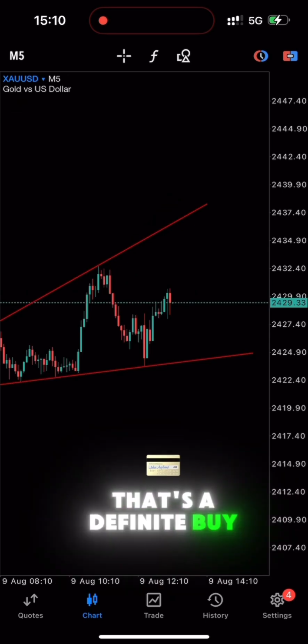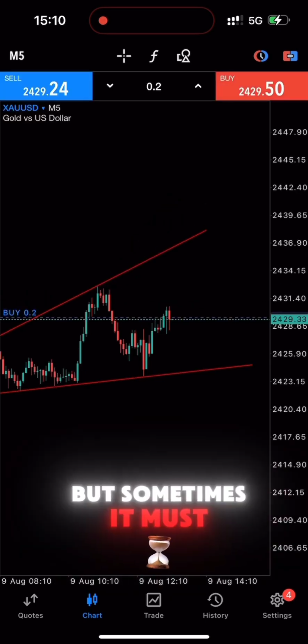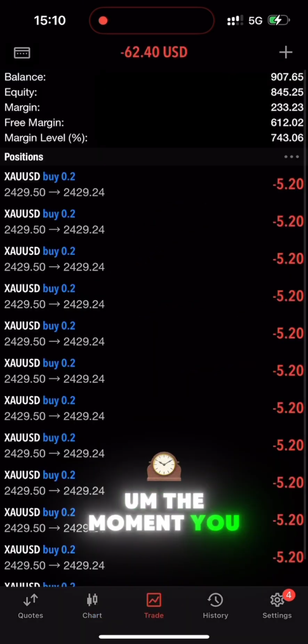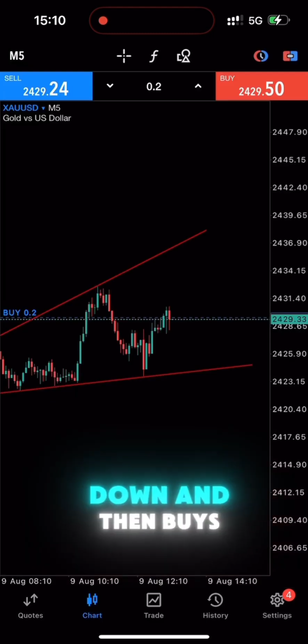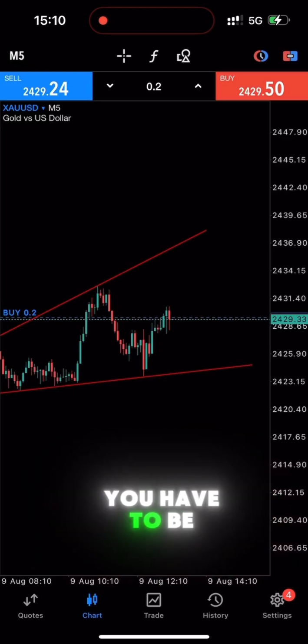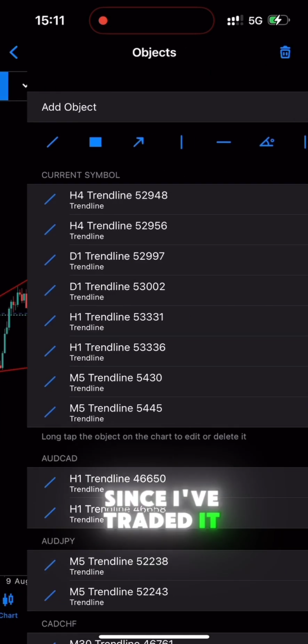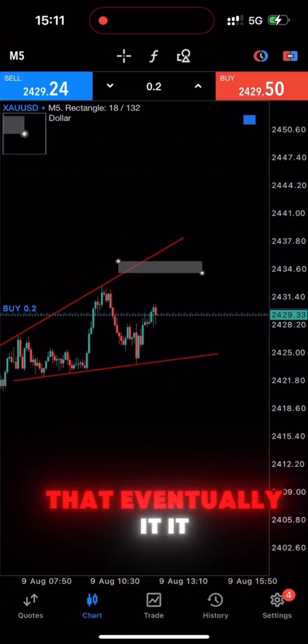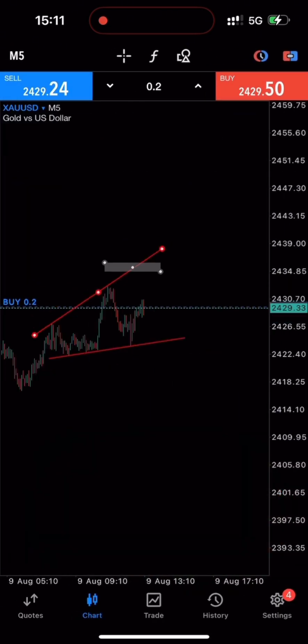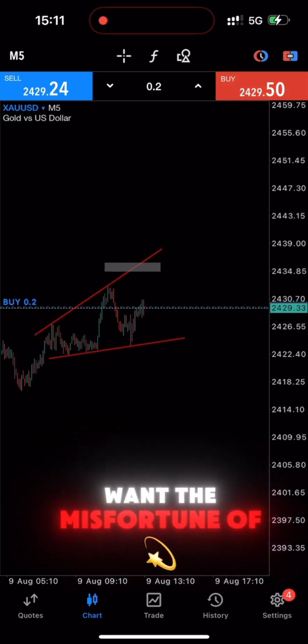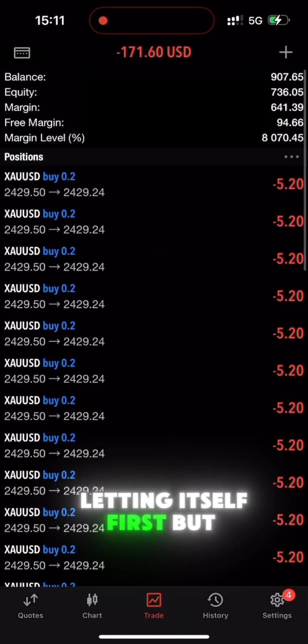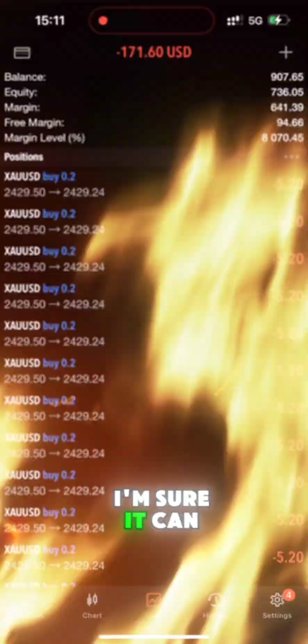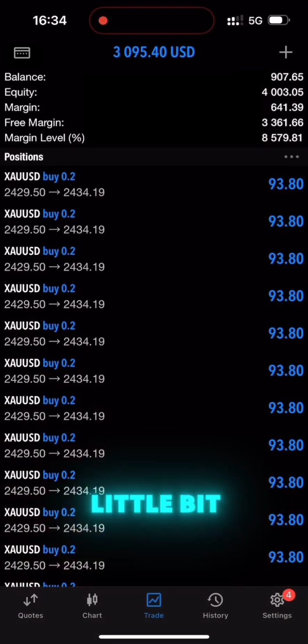That's a definite buy, but sometimes it doesn't always buy. The moment you buy, it always goes down and then buys. So you have to be careful on that one. But since I've traded it a lot, I know that eventually it must buy. You just don't want the misfortune of letting it sell first. But anyway, I'm sure it can just go down just a little bit.